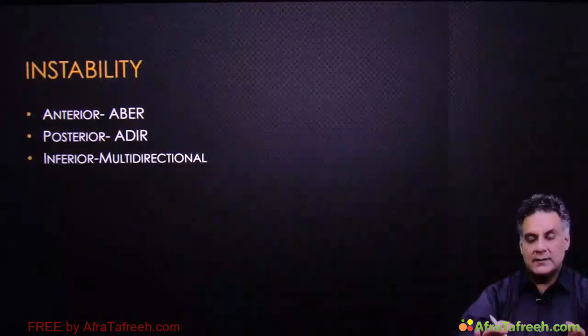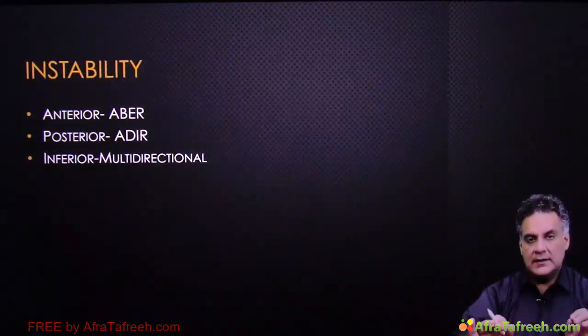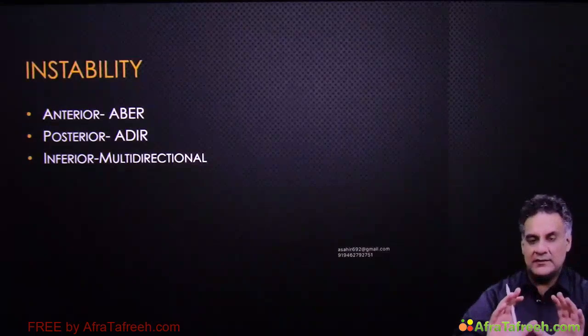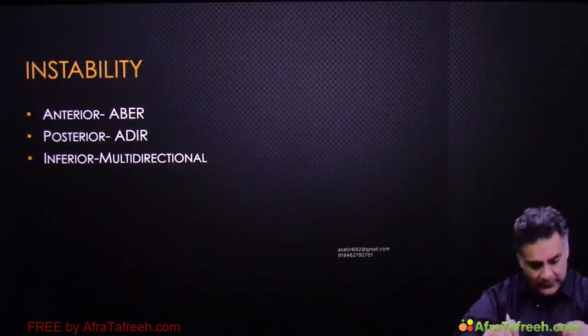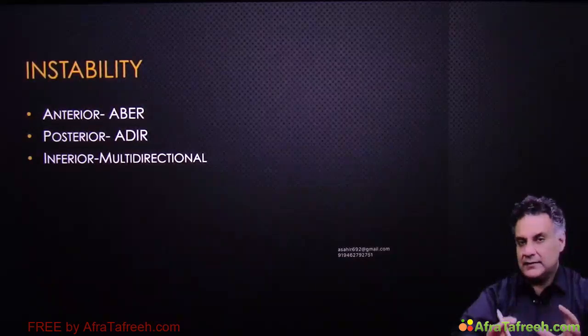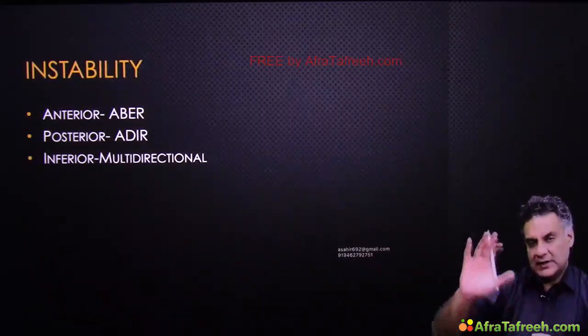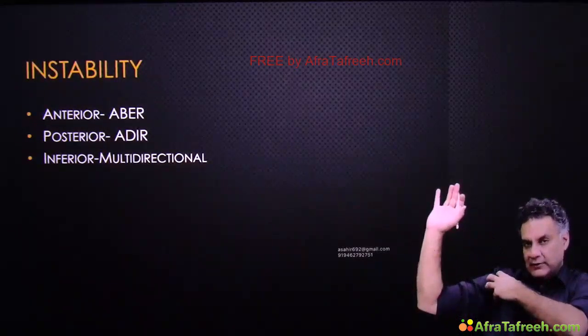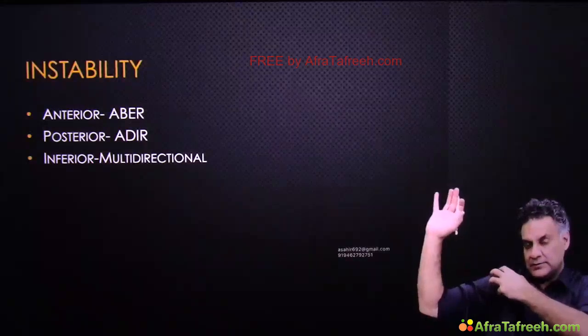When we come to instability, anterior instability, posterior instability, and inferior instability. There are three types of instabilities. Anterior instability, you will do abduction, external rotation force, the head of humerus will pop out.